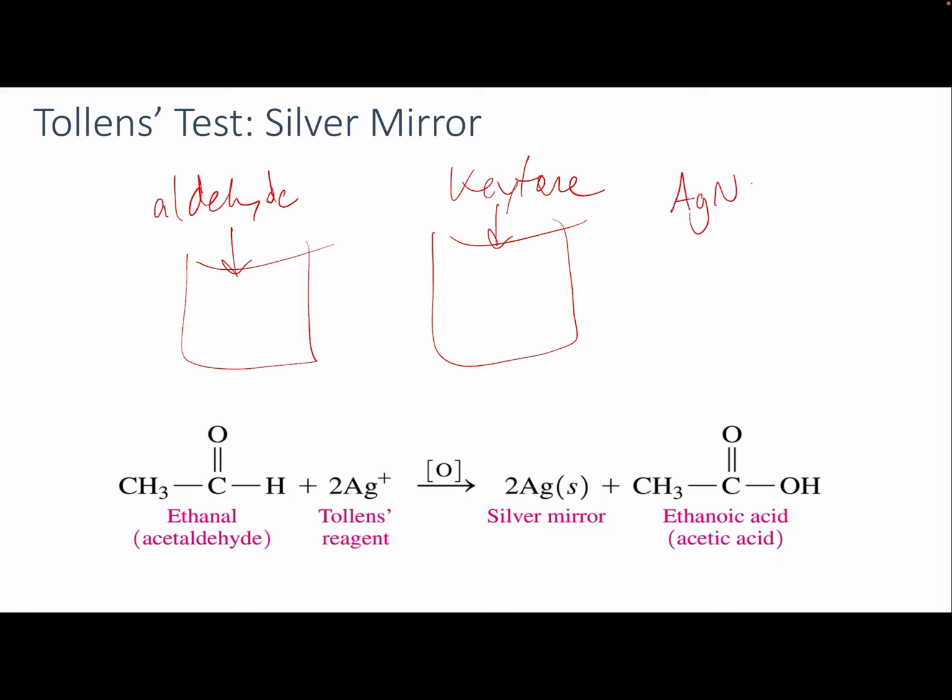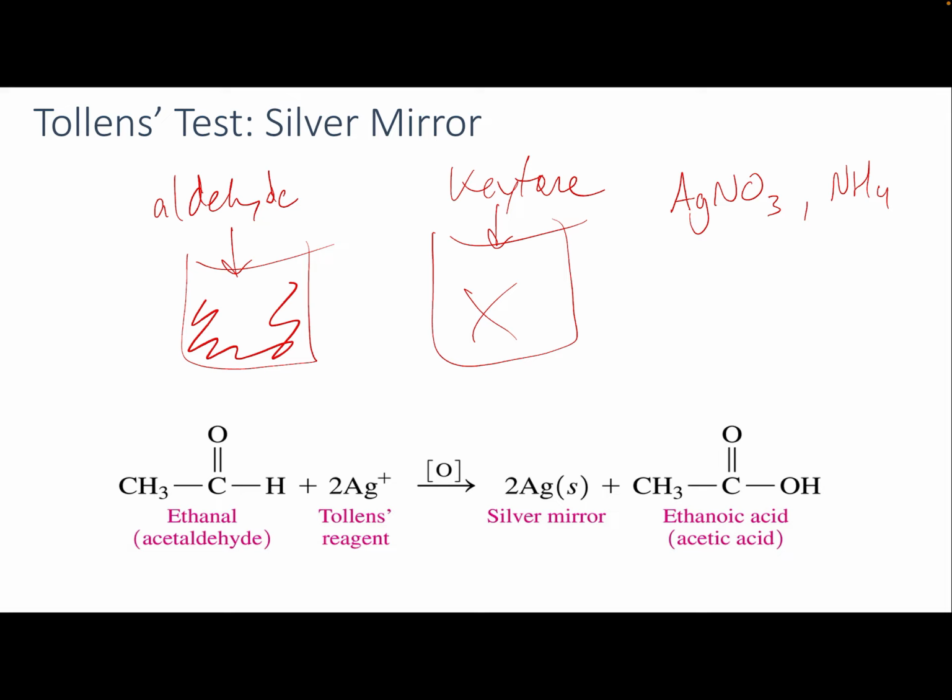It's AgNO3, silver nitrate, and I think ammonia as well. I can add this to the solution and it will oxidize the aldehyde, producing that mirror finish, but not the ketone. And so right then I'll be able to tell which is which. And that's something I think we do in lab. If not, because it's expensive and because it uses silver, we use some other tests. But that's one of the ones we could do in lab.